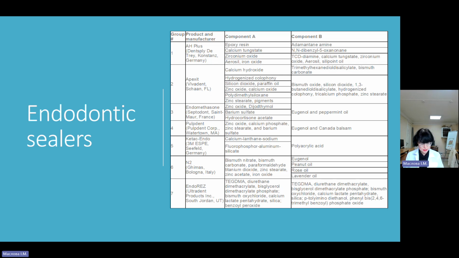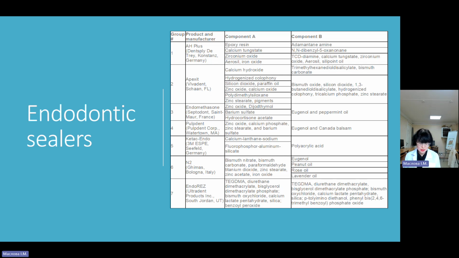While their characteristics differ, there is only limited evidence that different types of sealers influence treatment outcome. The choice is important when considering the obturation technique employed.